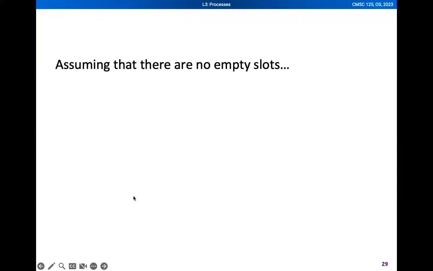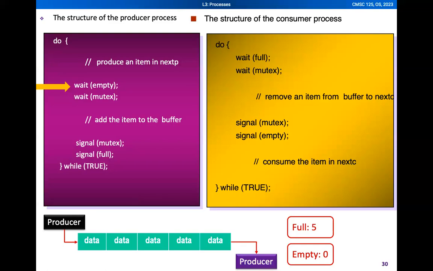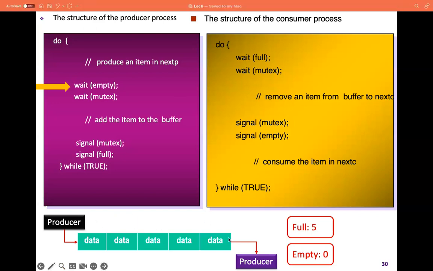Okay, now assuming that there are no empty slots, assuming that the producer has already inserted a lot of data. So the full is now 5. That means that 5 buffers are unavailable or are containing data.